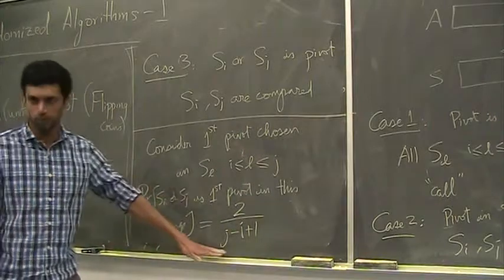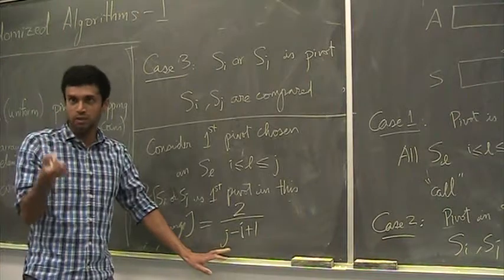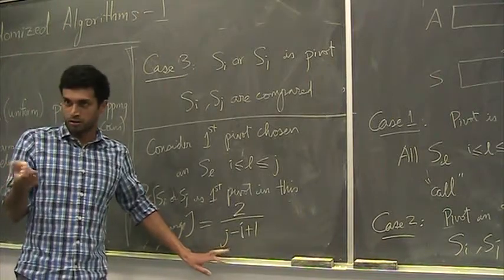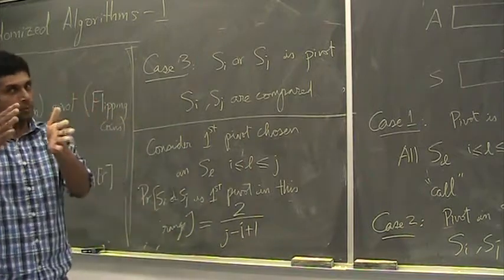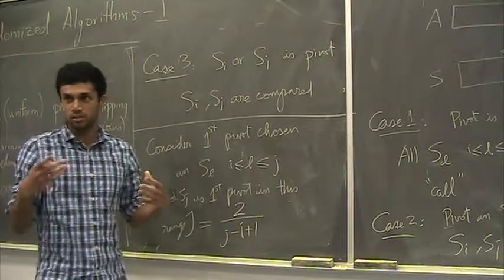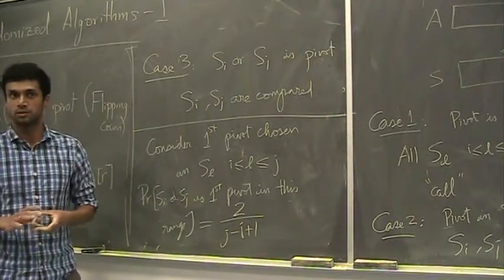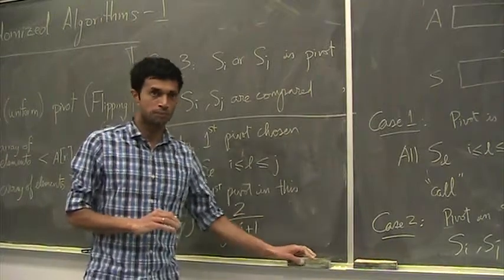But does this make sense? This is the remarkable use of linearity of expectation: once I get this formula, because I only need to worry about what happens with i and j, I can analyze this more complicated process.